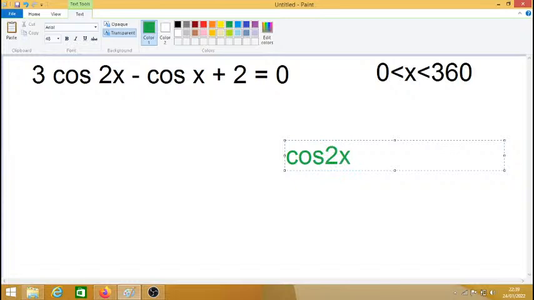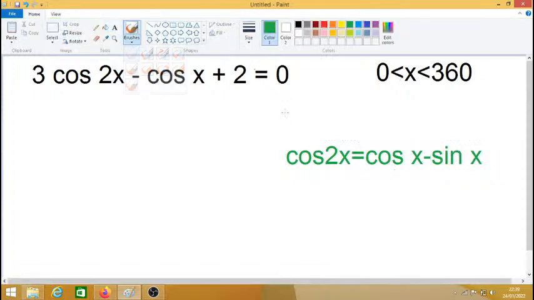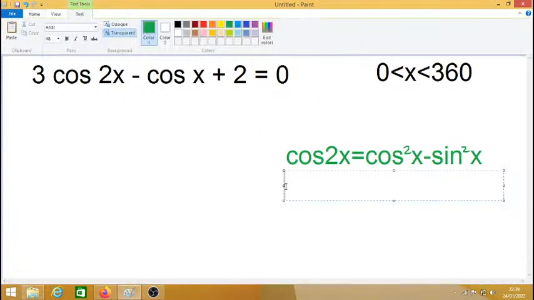So you've got cos 2x is equal to cos squared minus sine squared. But you don't want to use this one because you're going to end up with the equation having cos and sine. You don't want to have cos and sine unless you make it into tan, but we've already done one of those and this isn't one of those.